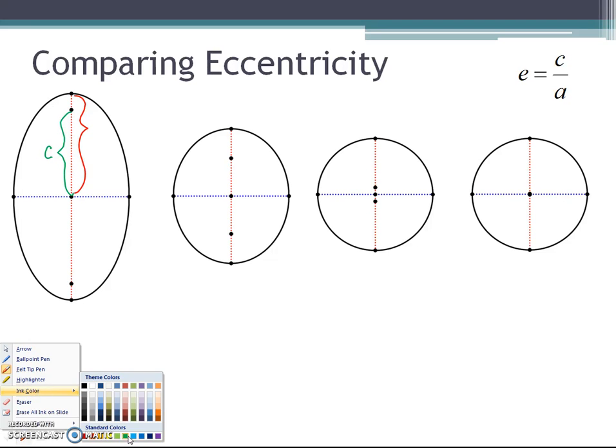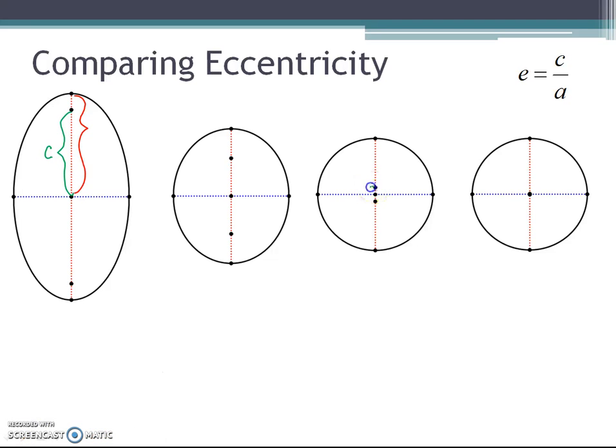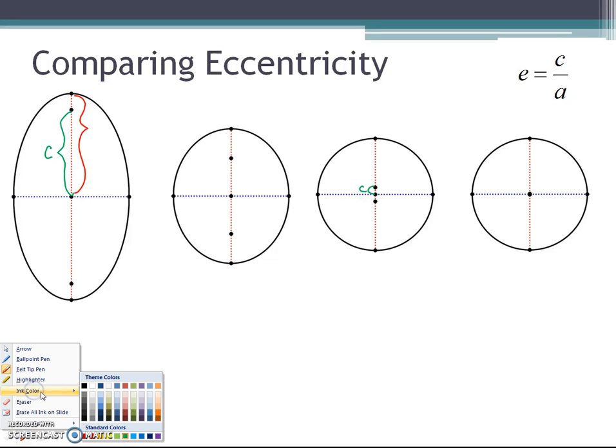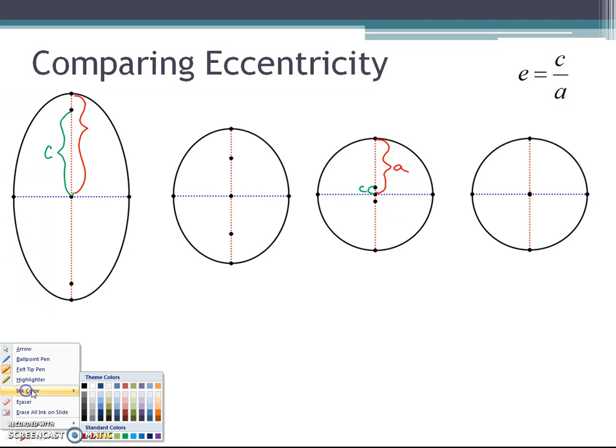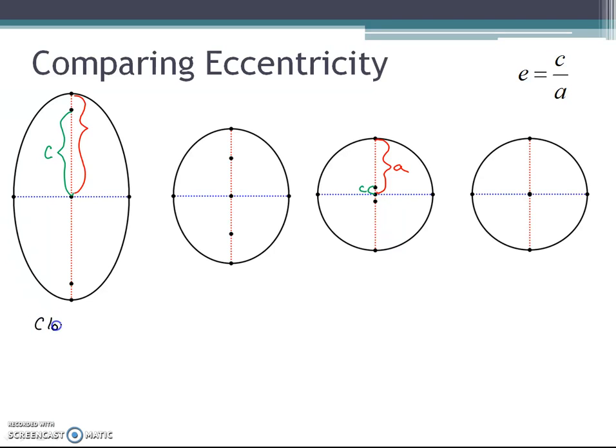Whereas if you looked at the third one in the sequence, this here is C, and this here being A, this one is probably close to 0. So this one would be close to 1, rather oblong. This one would probably be close to 0, rather circular.